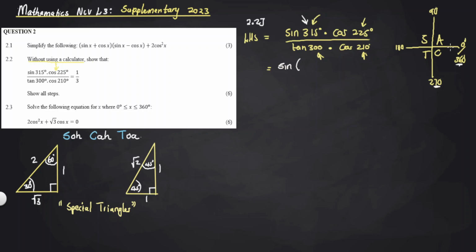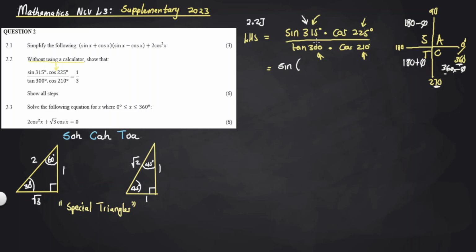Now, what do I mean by reducing? I'm going to use reduction formulas: 180 minus theta, 180 plus theta, 360 minus theta. So we're going to use these formulas to reduce 315, 225, 300 and 210.